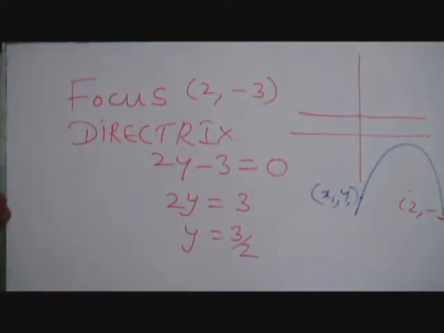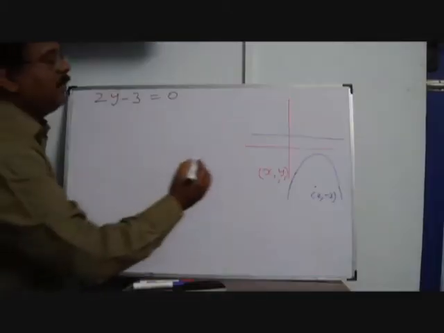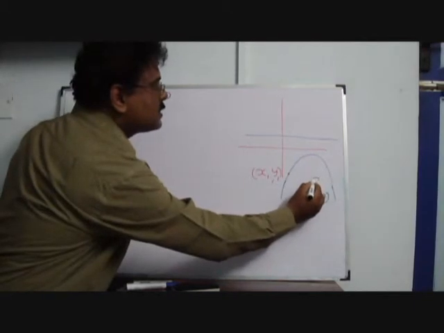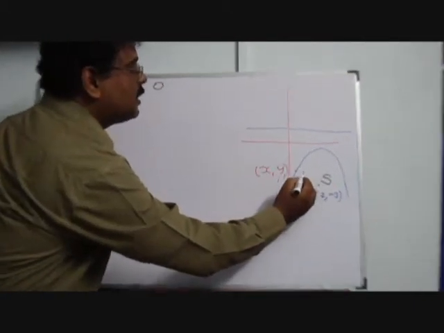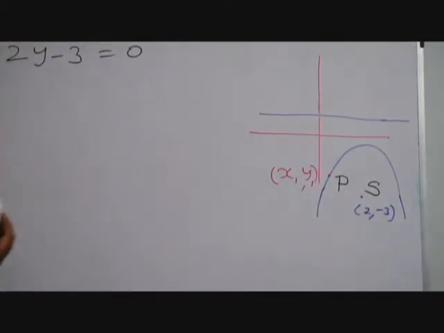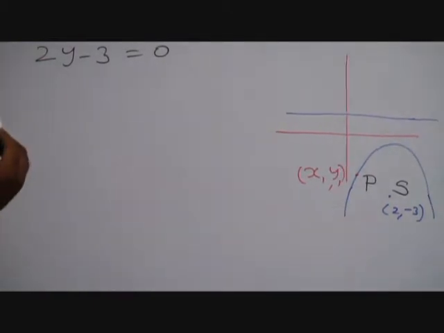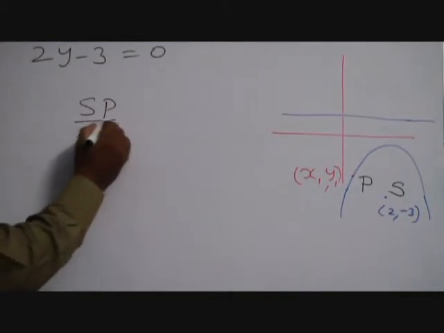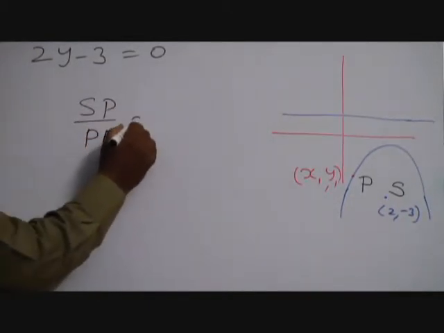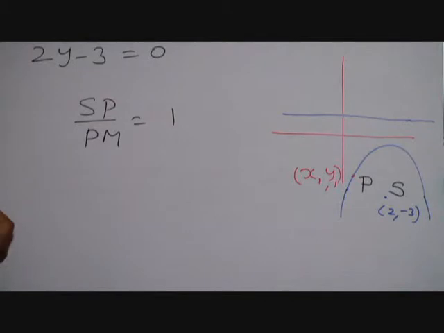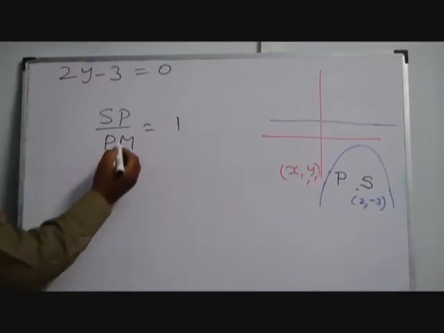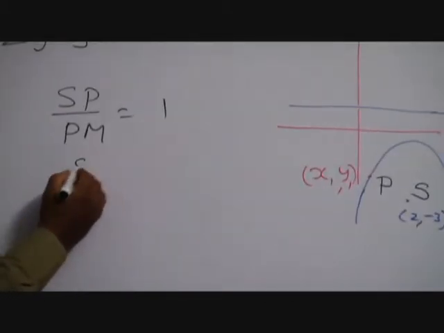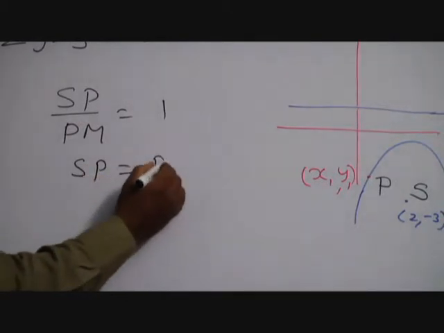Our aim is to find the equation of the parabola. We know that the focus is S and any point on the parabola is P. Now, what is the condition to find the equation of the parabola? We know that SP/PM = 1. This is the condition to find the equation of the parabola. Now I am going to bring this PM to that side: SP = PM.